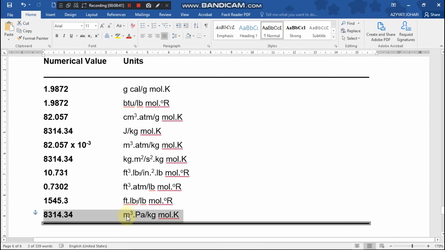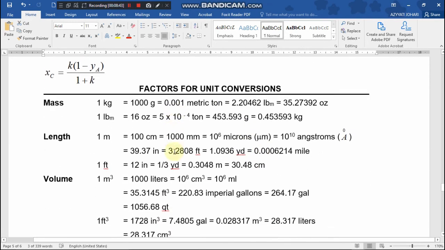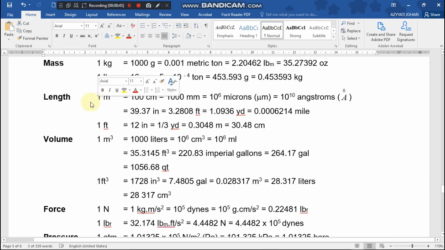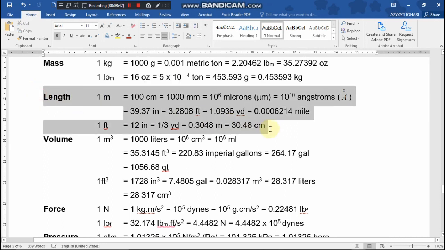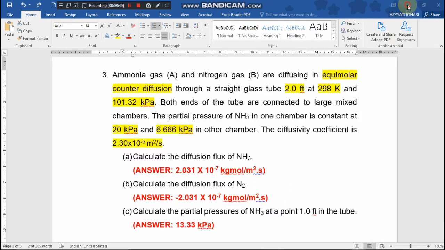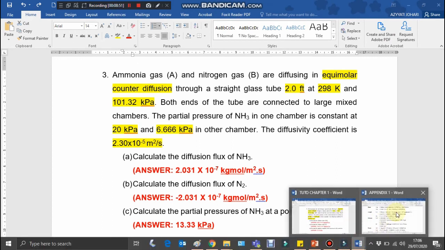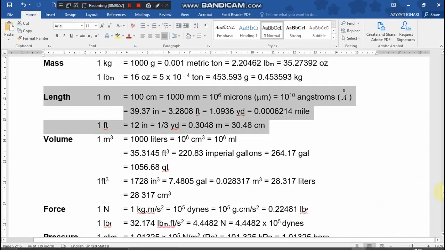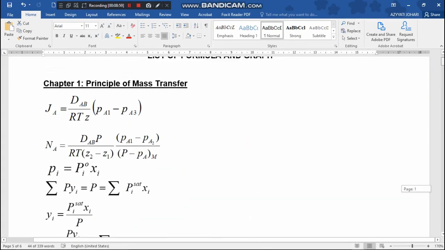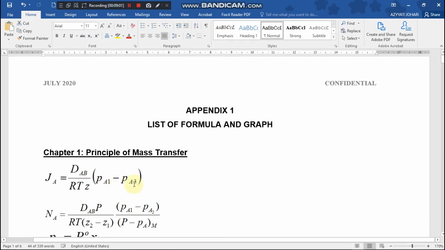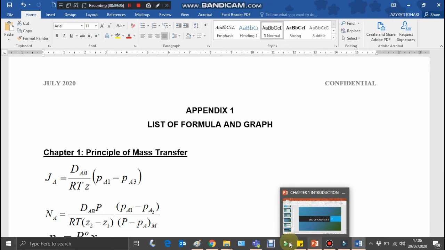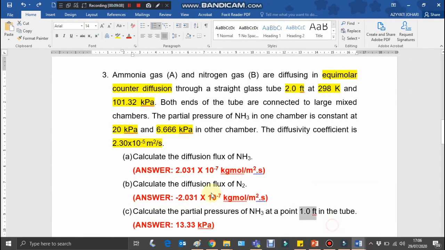So convert feet to meter using this unit conversion, and after you standardize all of the units, then you can press your calculator to find out the value for PA3. So that's how we solve question 3C.